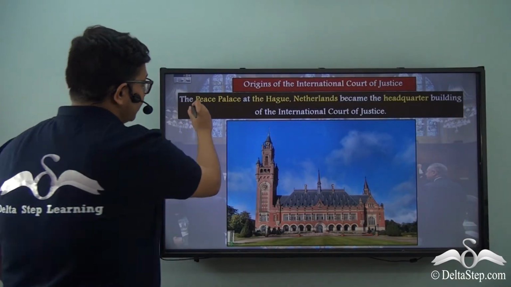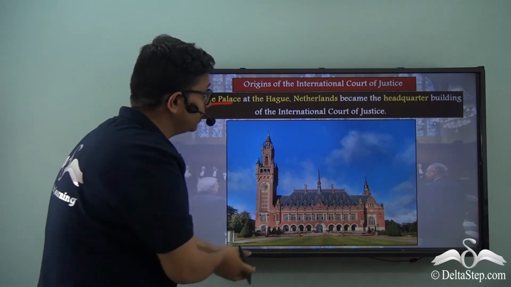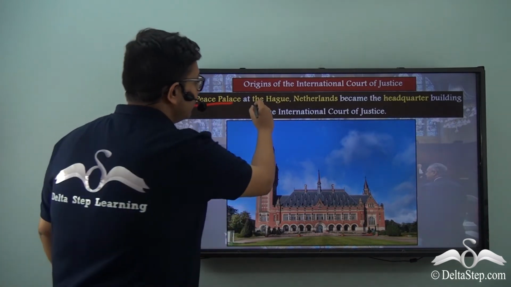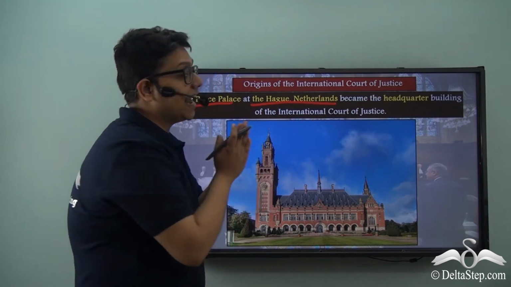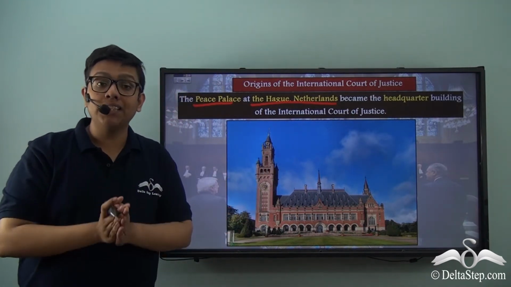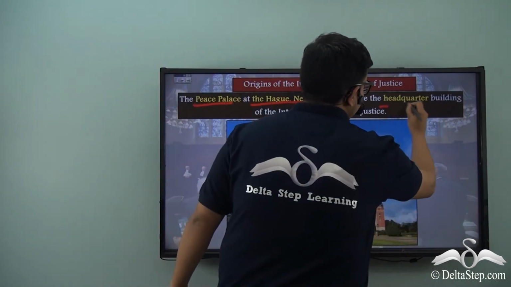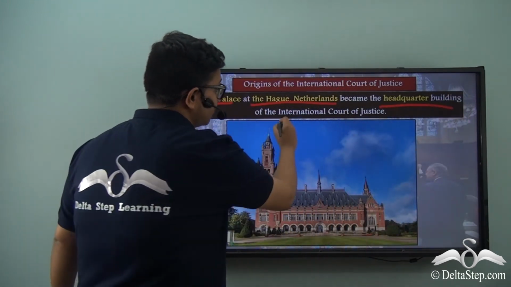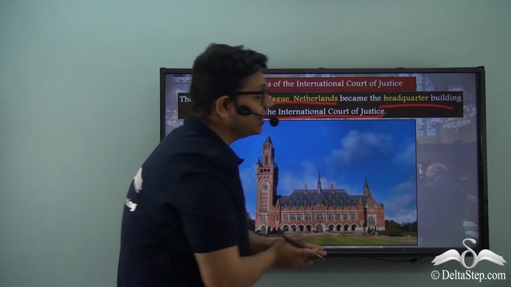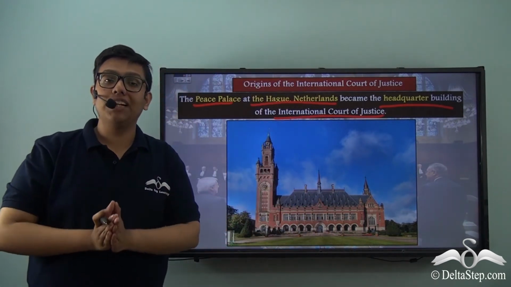Now the Peace Palace, a picture of which you can see over here, present at The Hague in Netherlands, was the headquarters of the erstwhile Permanent Court of International Justice, and became the headquarters building of the International Court of Justice when it succeeded the erstwhile Permanent Court of International Justice.